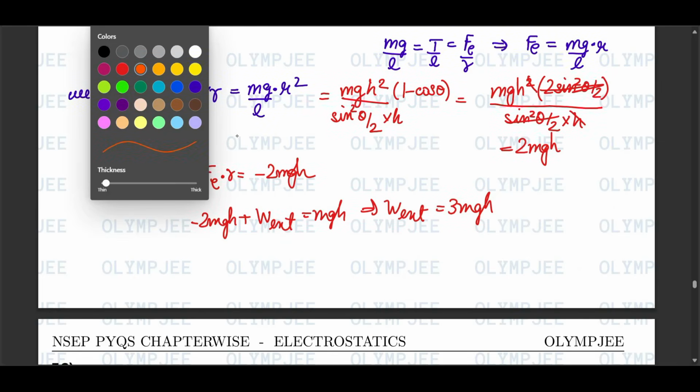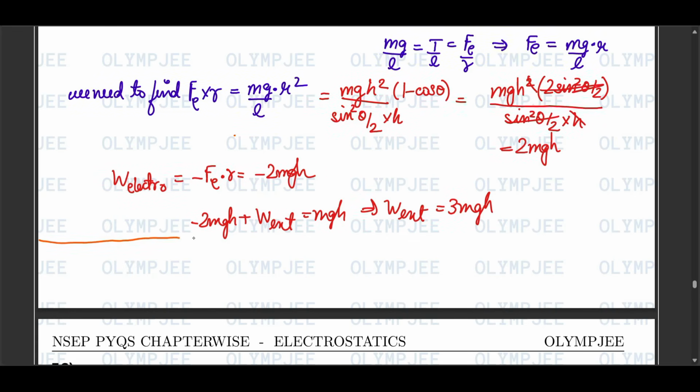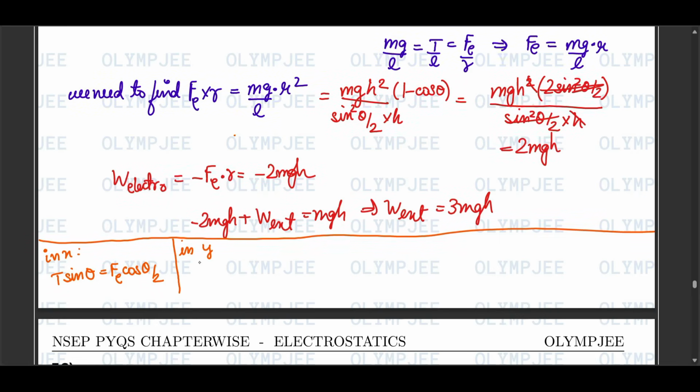So writing the equilibrium equations in x and y, in x direction we will get T sine theta is equal to Fe cos theta by 2, and in y we will get T cos theta plus Fe sine theta by 2 is equal to mg.